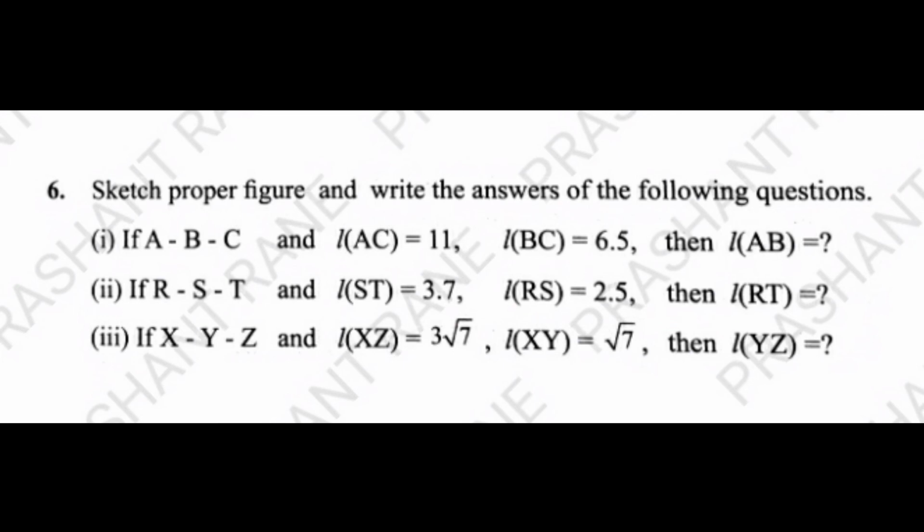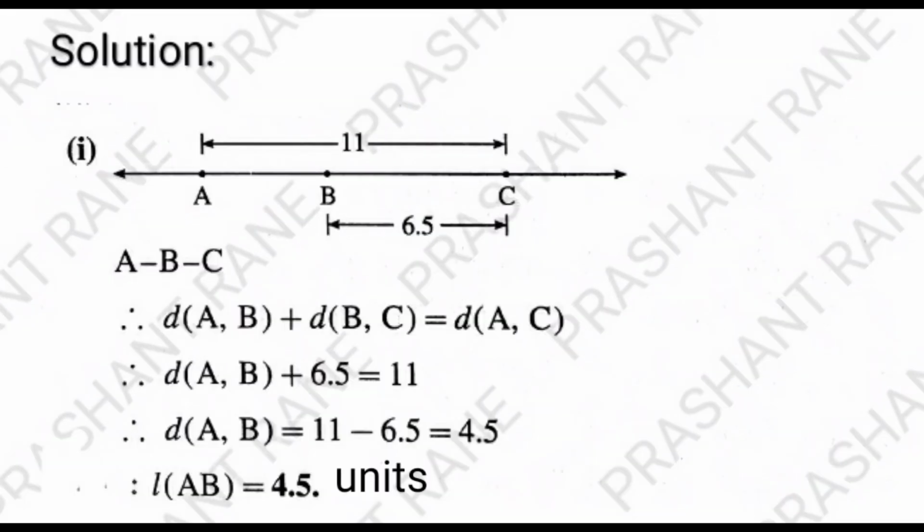First, length AC is the same as distance AC. Length of segment AC is the distance between point A and point C. So we'll start with the first one, that is A-B-C. First we'll draw the figure. B lies between A and C. A-B-C gives me distance AB plus distance BC is equal to distance AC.